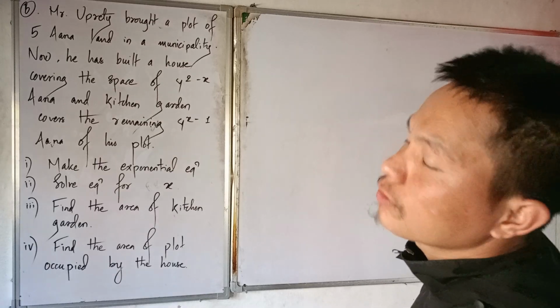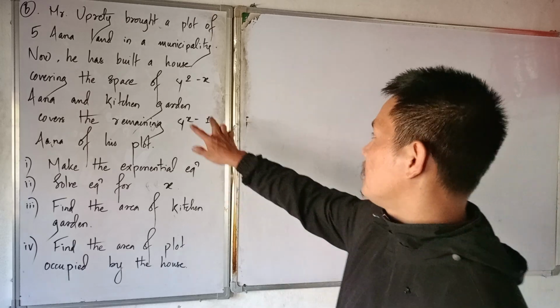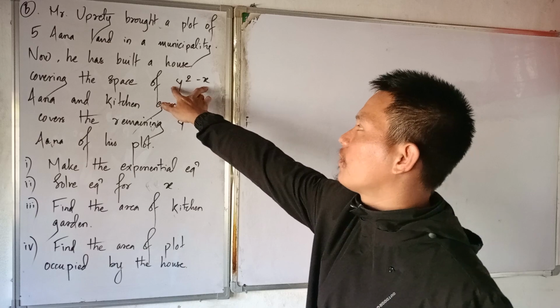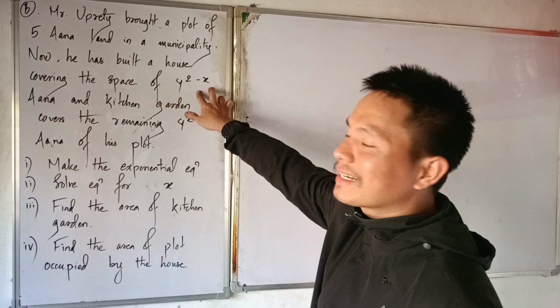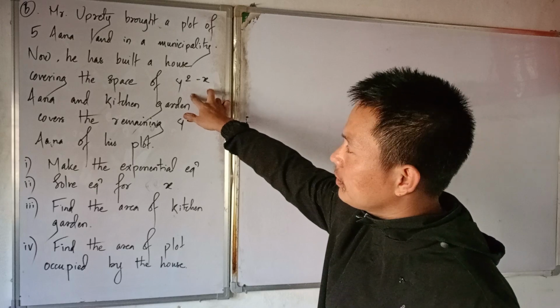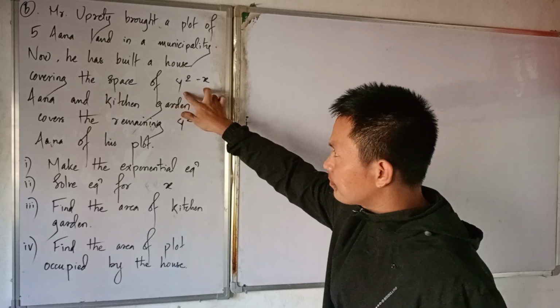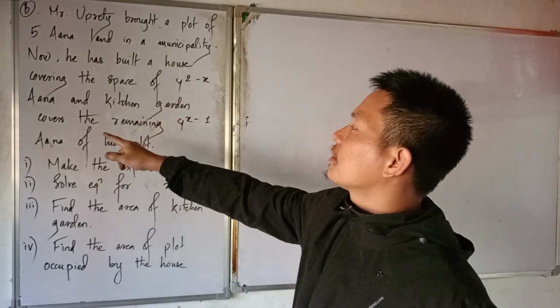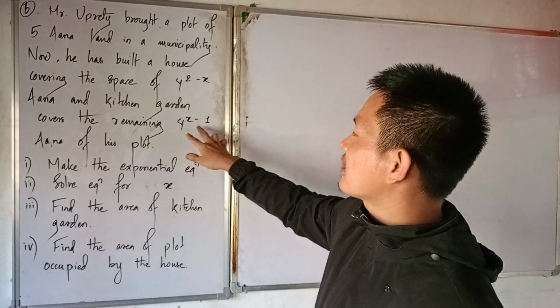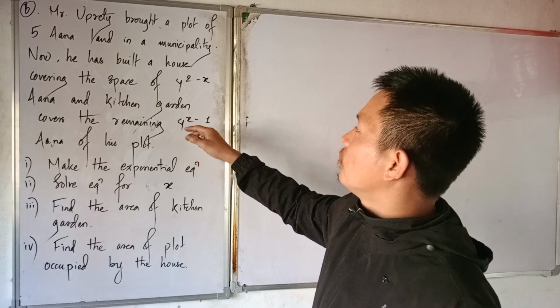So within those 5 ana, this part of the area, 4 power 2 minus x, is the area for the house. That much space is occupied by the house, and a kitchen garden covers the remaining 4 power x minus 1 ana of his plot.